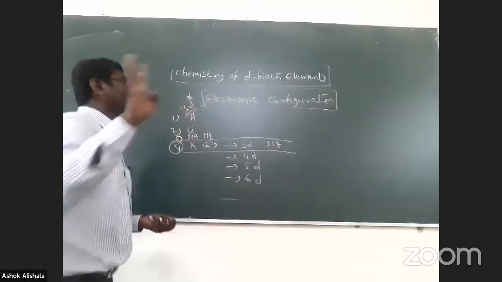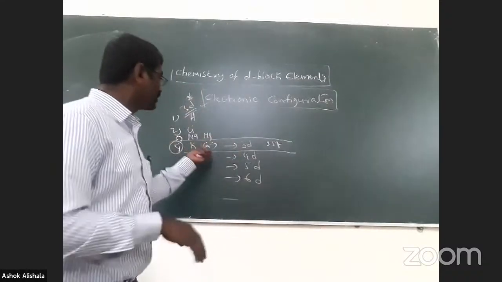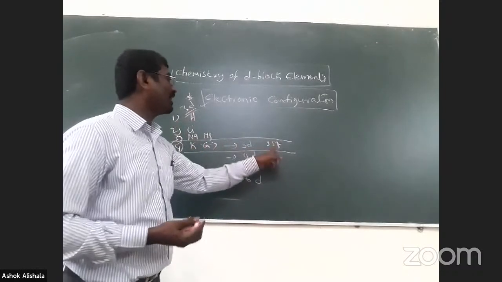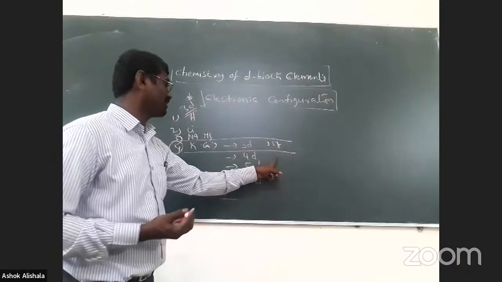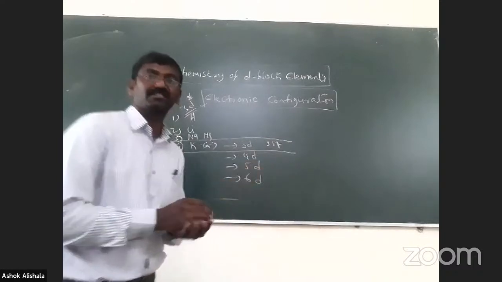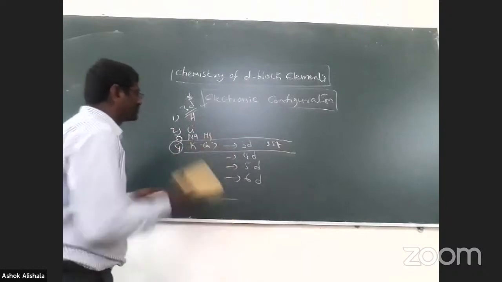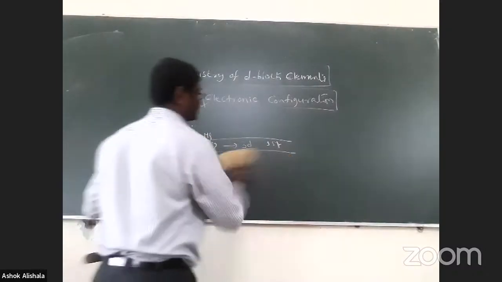So the total D block elements are generally studied in four completely filled series: the 3D series, or first transition series, 4D, or second transition series, 5D, third transition series, and 6D, fourth transition series. The D block starts from the fourth period onwards.